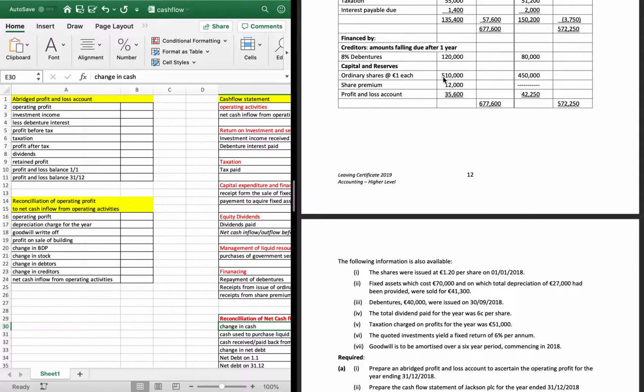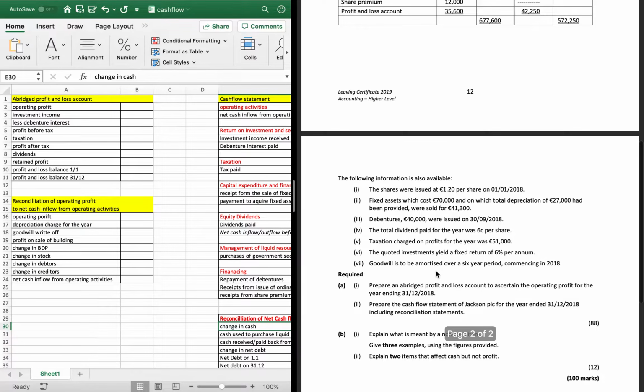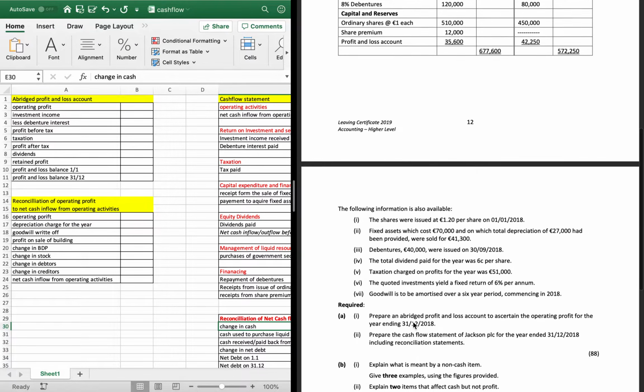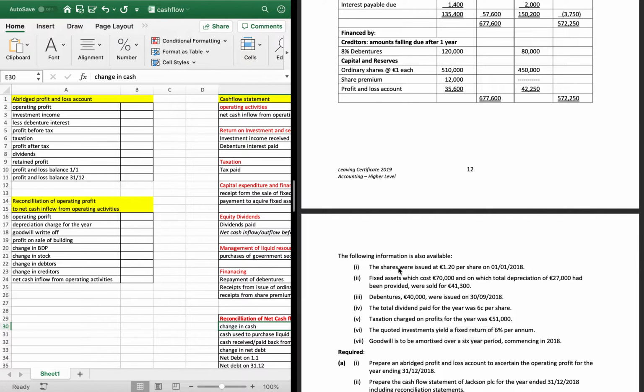So this 450 up to 510, in effect, that's 60,000, but you really sold them for 72. That's really all that's saying, so you don't need to do anything with that. You can just make a note of it for later on, maybe. There's always one or two of them you don't really have to do anything with. Now the second one is the big one.